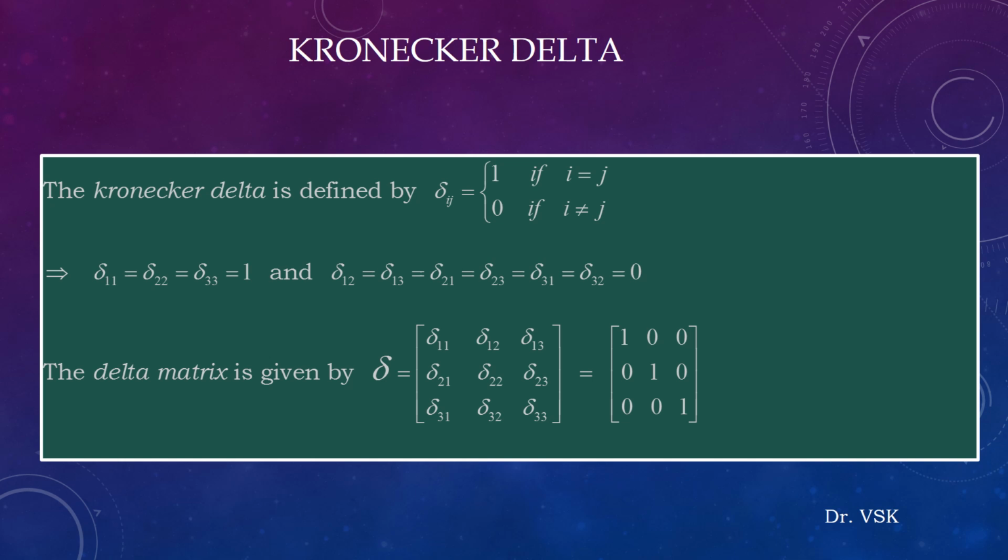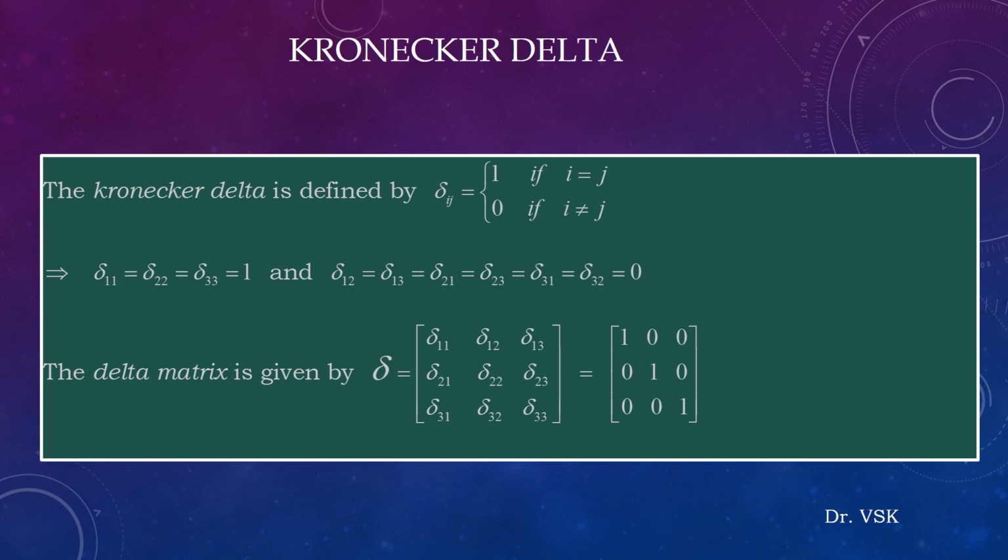By using this Kronecker delta ij, we can write a 3 by 3 matrix which is called the delta matrix. The delta matrix is given by delta equals a 3 by 3 matrix: delta 11, delta 12, delta 13 on the first row, delta 21, delta 22, delta 23 on the second row, delta 31, delta 32, delta 33 on the third row.